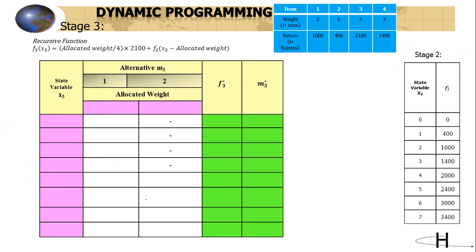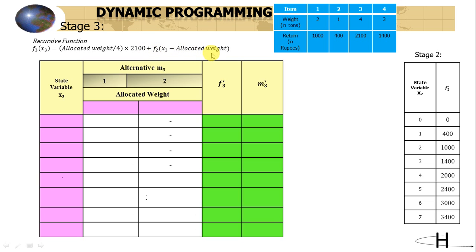For stage 3, the recursive function is allocated weight divided by 4, multiplied by 2100, plus f2 of x3 minus allocated weight.